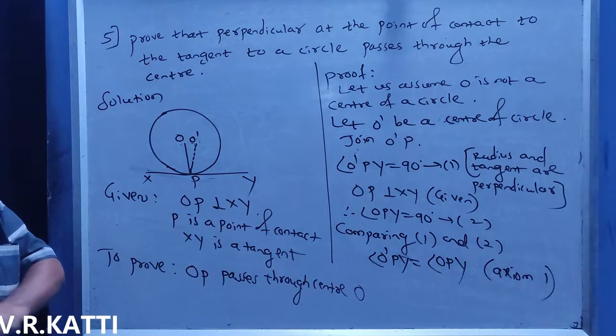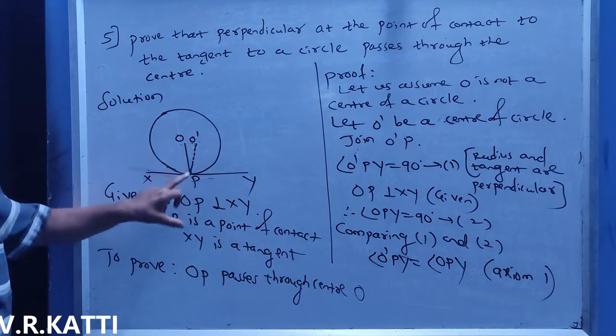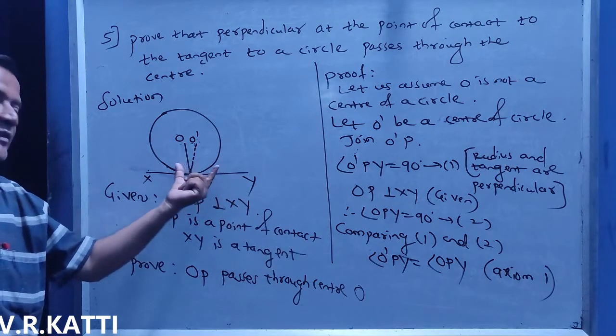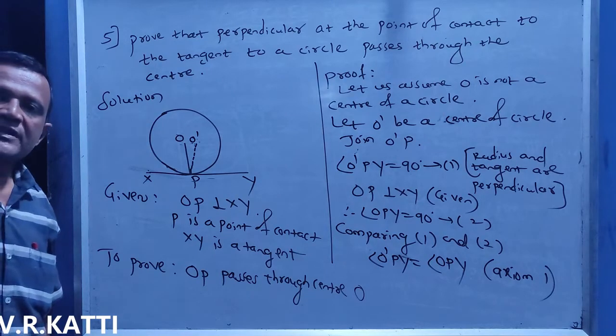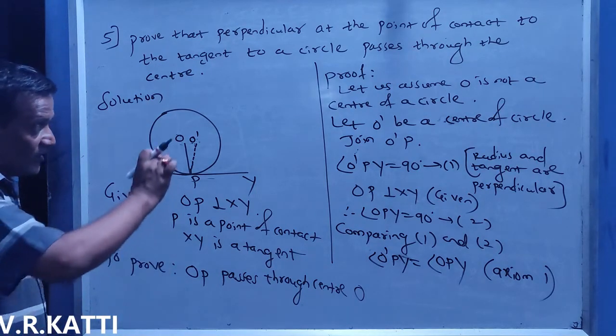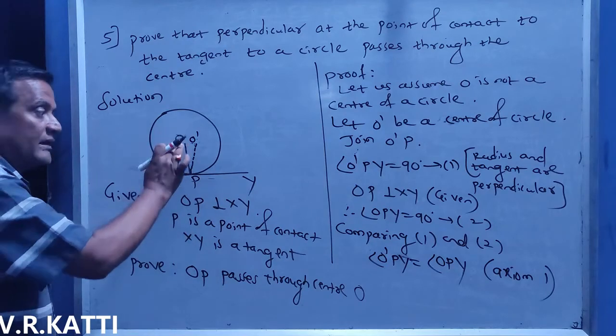Students, now see the figure. Is it possible for OPY and O dash PY to be equal? No, it is not possible, because O dash PY is a part of angle OPY.